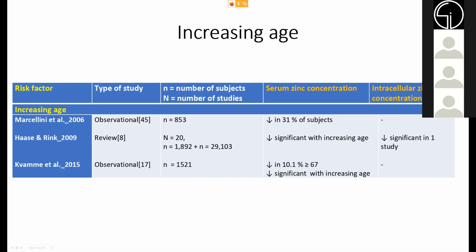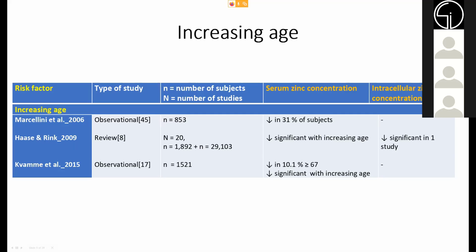And this is a review from 2009 by Haas and Rink, involving 20 studies, which all showed a significant decrease of serum zinc concentration with increasing age.